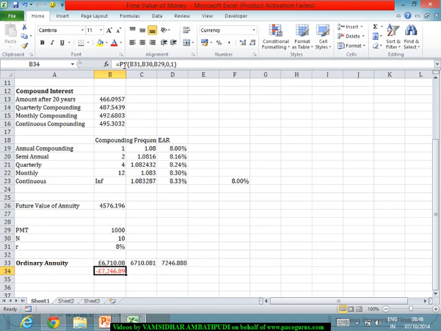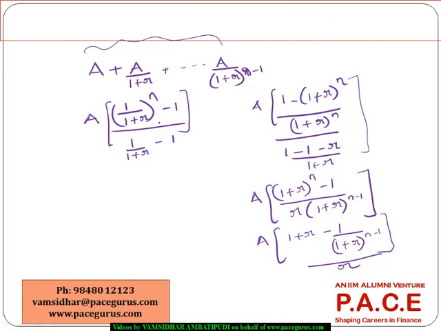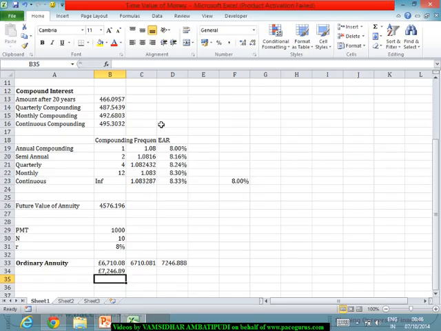So that is how we typically see the difference between annuity due and regular annuity.